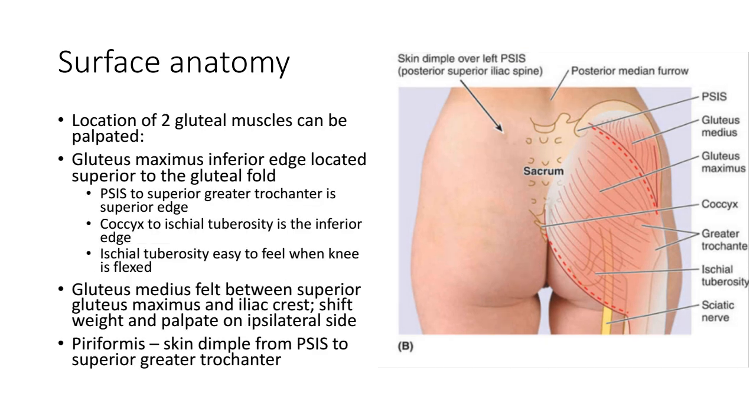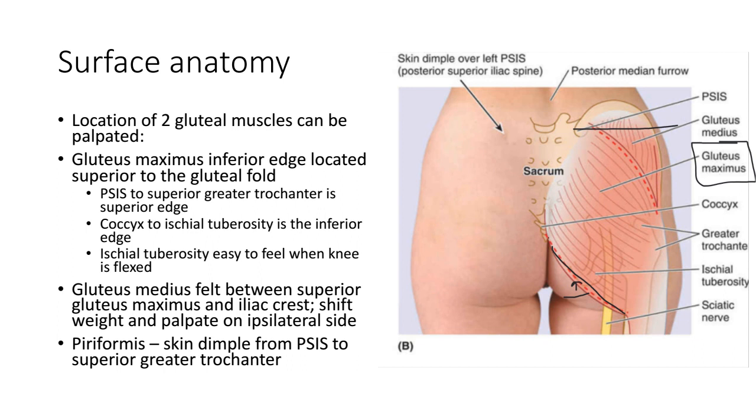Two gluteal muscles can also be located and palpated. The gluteus maximus, the inferior edge of that is located just superior to the gluteal fold. If you draw a line from the PSIS to the superior portion of the greater trochanter, that's where the superior edge of the gluteus maximus will be.